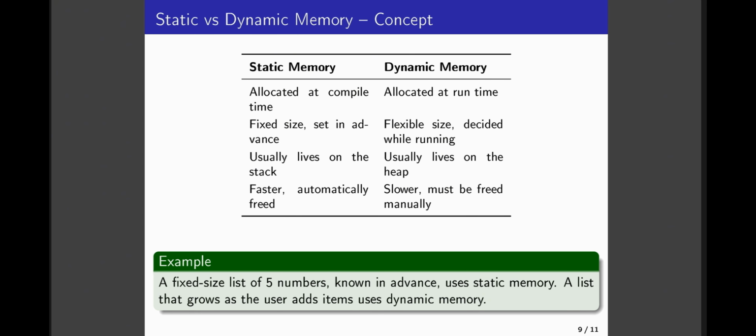It usually lives on the heap and it's slower because it must be freed manually by the programmer. A fixed size list of 5 numbers known in advance uses static memory, but a list that grows as the user adds items uses dynamic memory since its final size can't be known ahead of time.